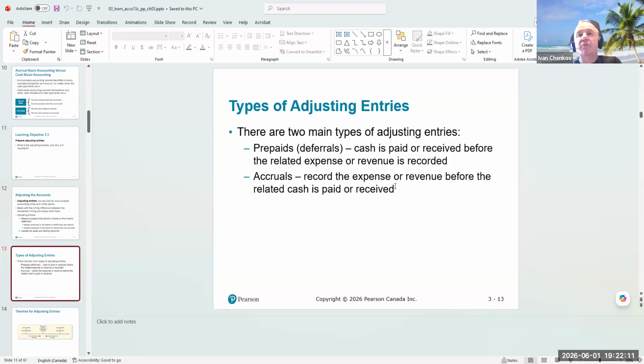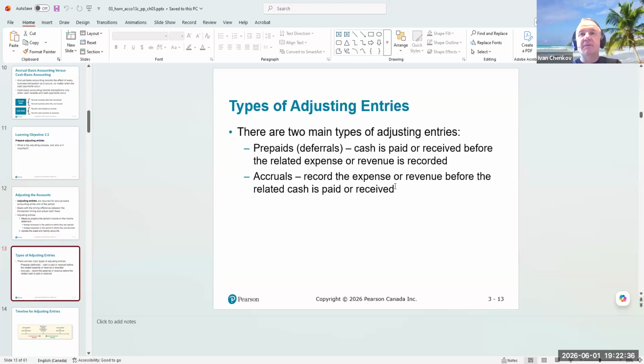So what are we going to postpone? When we receive the cash, I'm going to postpone the revenue, and when we pay the cash, I'm going to postpone the expense. The revenue, in the meantime, I'm going to keep as a liability. Expenses, in the meantime, I'm going to keep as an asset. Once I receive some of the services, I'm going to move the asset into expenses.